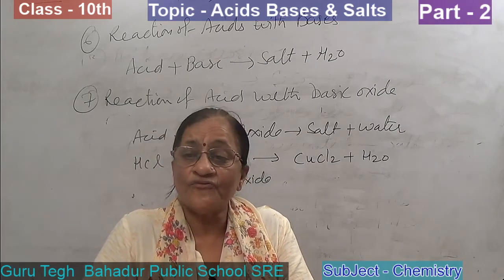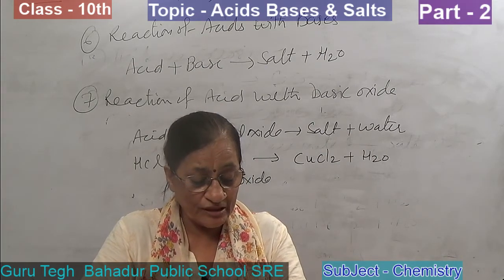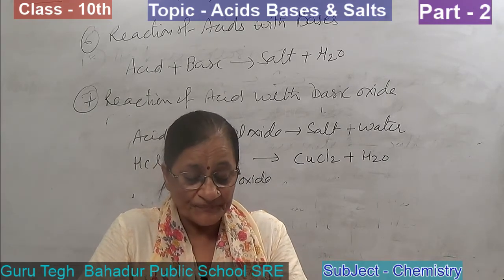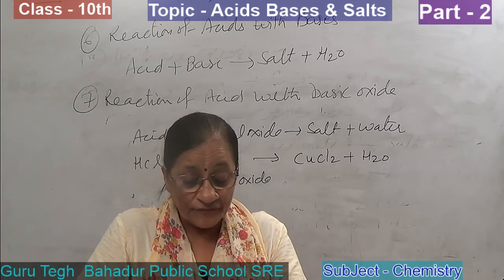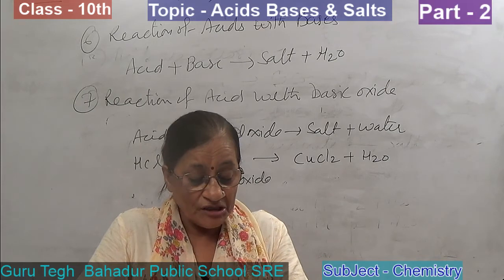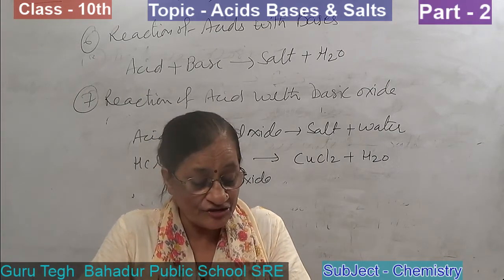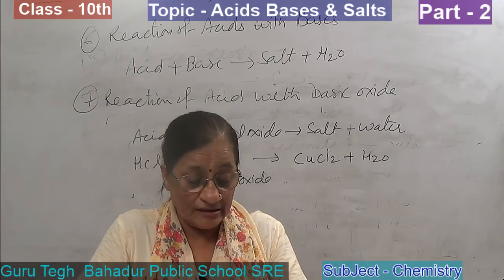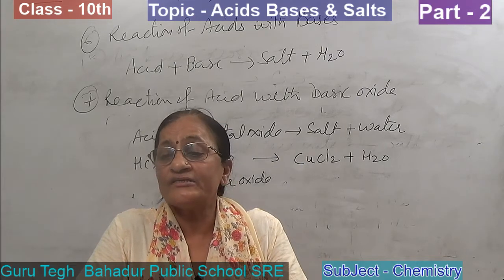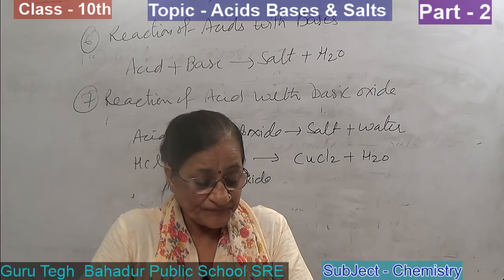Now the uses of acids. Acids are used in many industrial processes. Sulfuric acid, which is also called the king of chemicals, is used in manufacture of fertilizer, paint, dye, leather, plastic, synthetic fibers, detergents, and it is also used in car batteries.